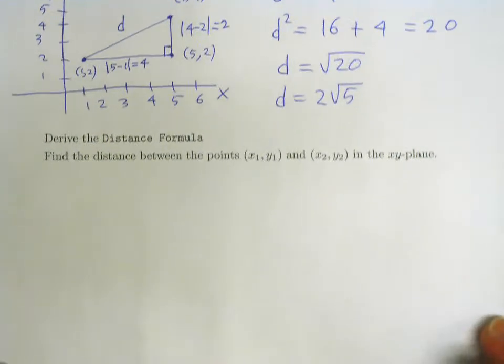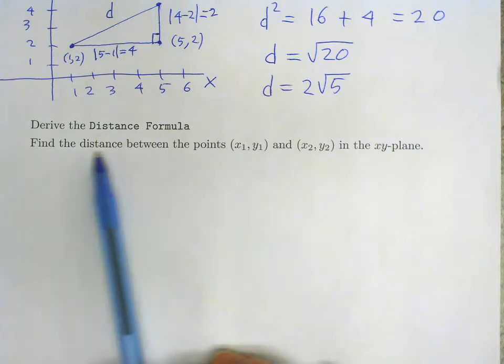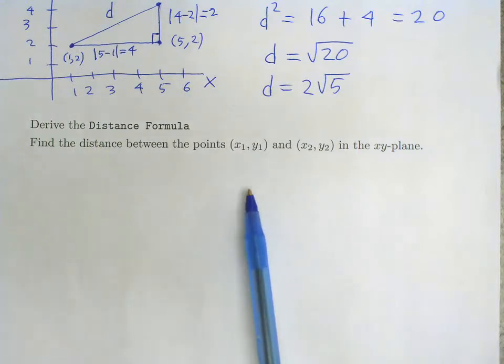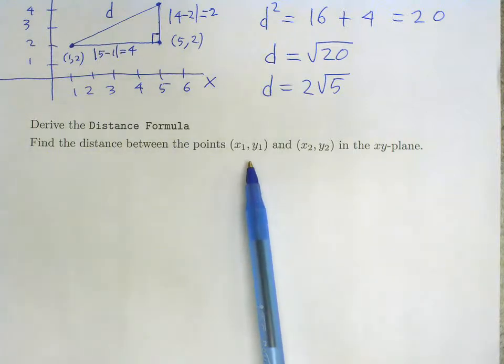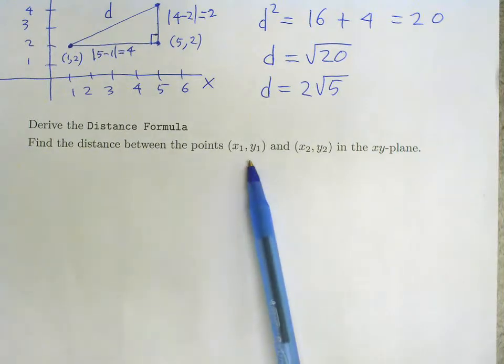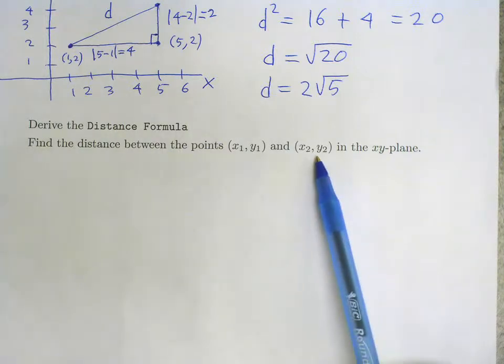Okay, using the same idea, we're going to derive the distance formula to find the distance between any 2 points in the xy plane. And those 2 points will be represented by (x1, y1) and (x2, y2).